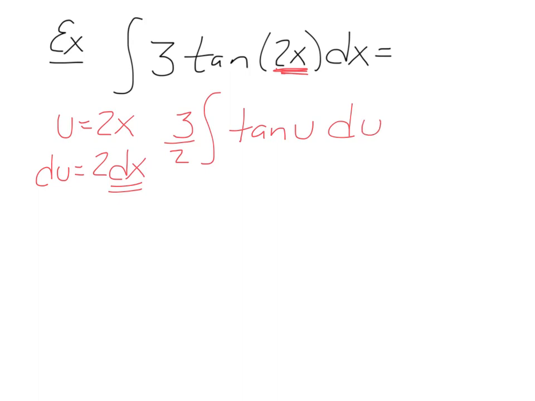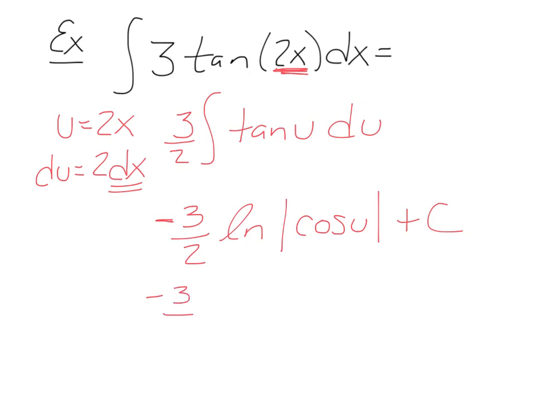And now this is a rule I've asked you that you need to have memorized. So it's going to be 3 over 2 times the antiderivative for tangent, which is negative natural log absolute value of cosine of u plus c. Okay. There's my rule, and now we just convert it back to x's. Negative 3 over 2 natural log cosine of 2x plus c.